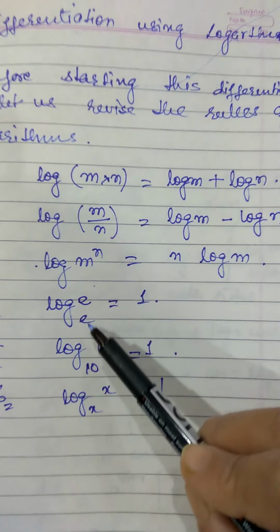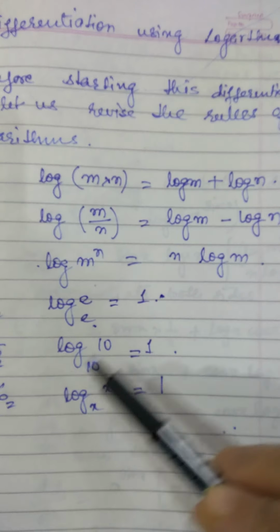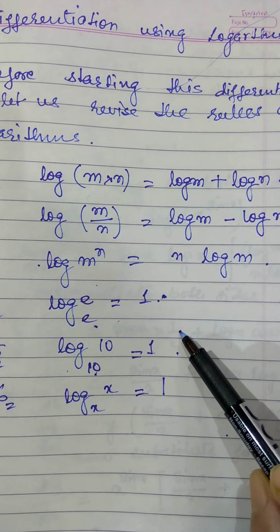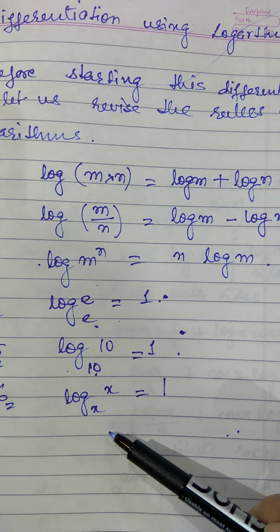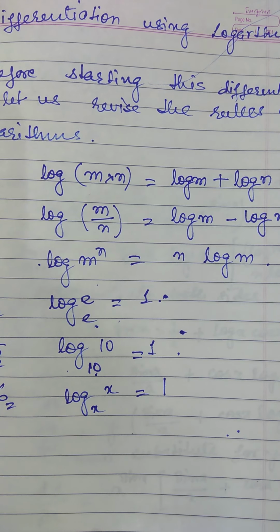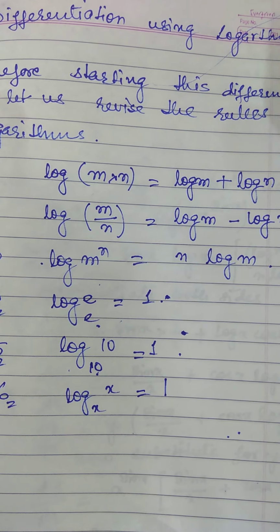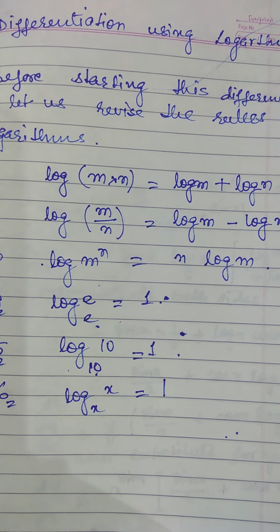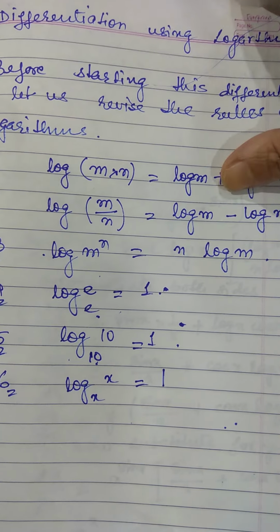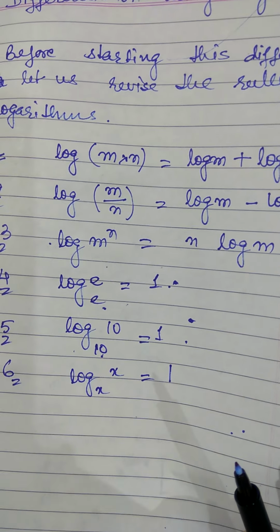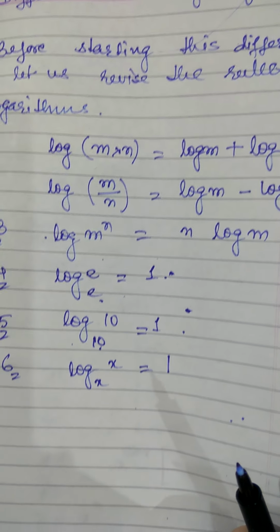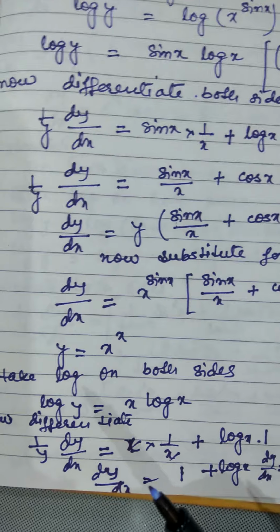And log_e e is 1, log_10 10 is 1, log_x x is 1. So these are the simple rules that we did in class previously. We are going to use this for differentiation. So when do we use this?